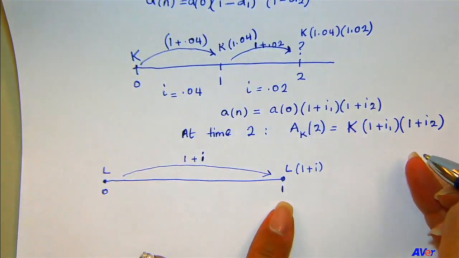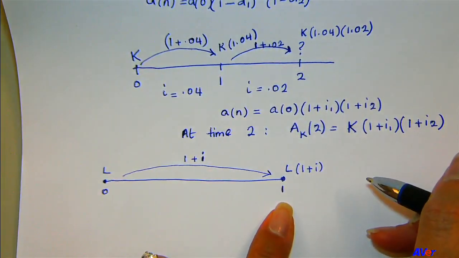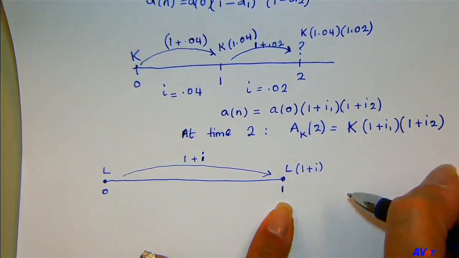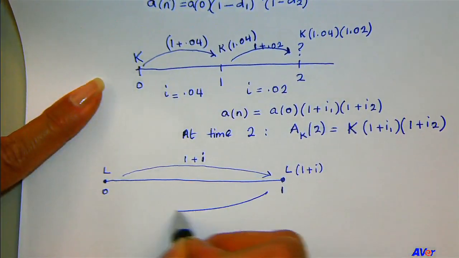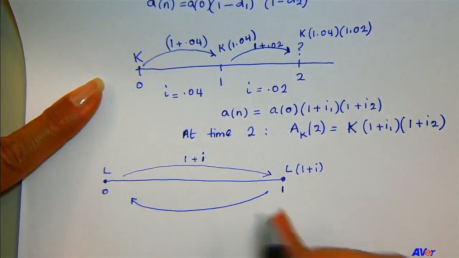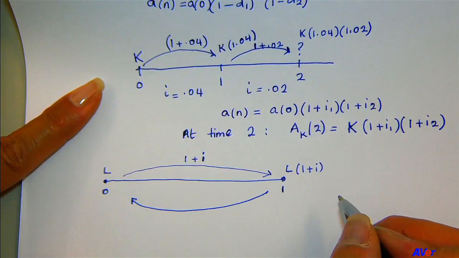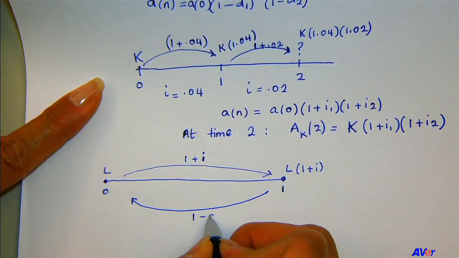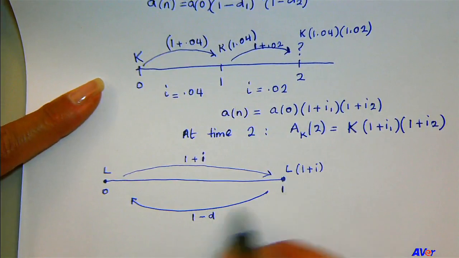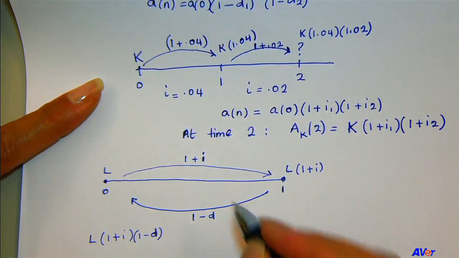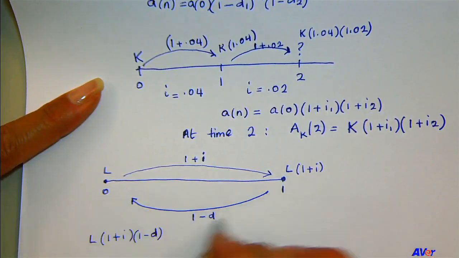So if you are to borrow an amount of L(1 plus I), now mind you, I'm borrowing it at a discount, so I'm putting it at time 1. In order to find out what you come away with, what do you multiply by? 1 minus d. So I would end up with L(1 plus I)(1 minus d) if I were to come back with a discount rate of d.